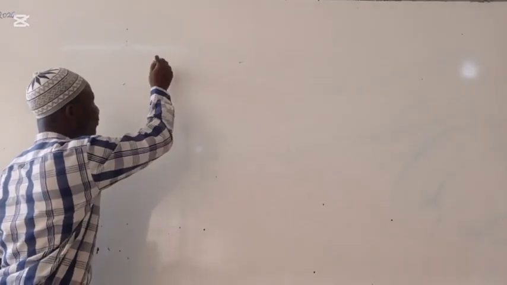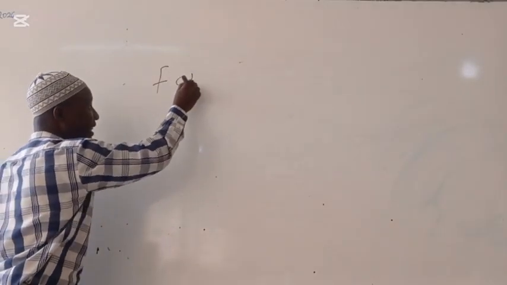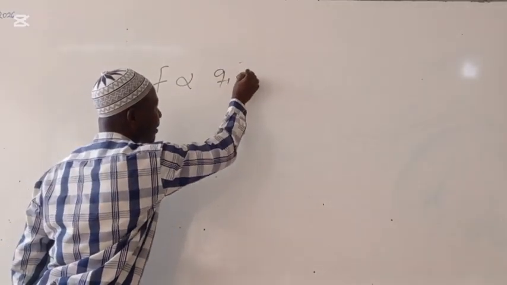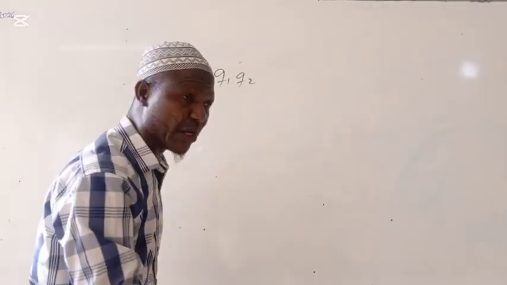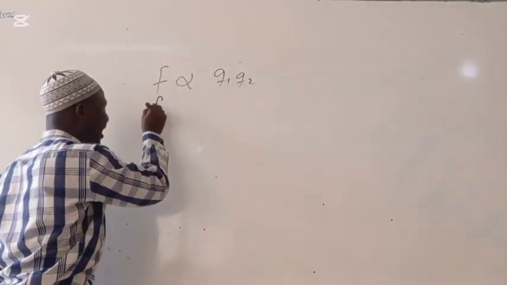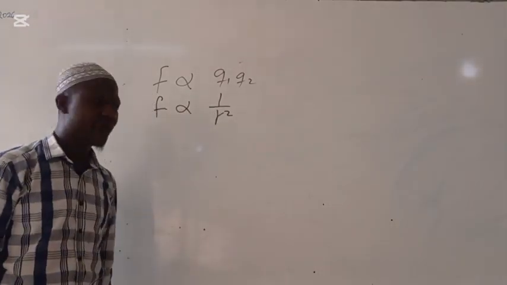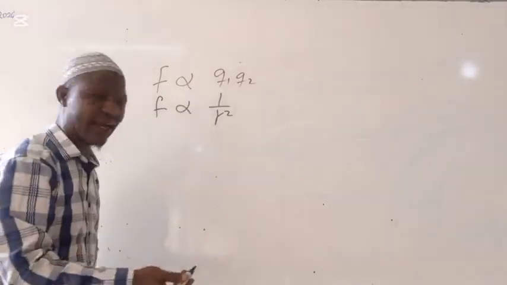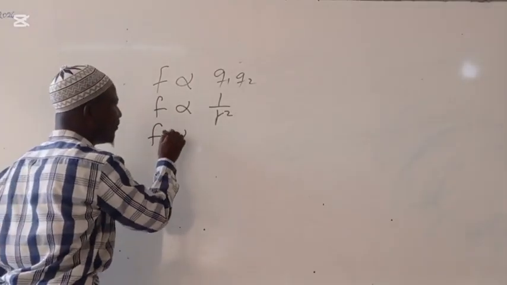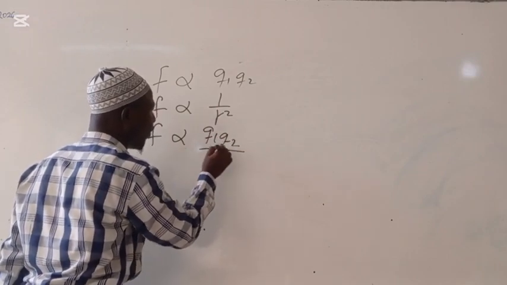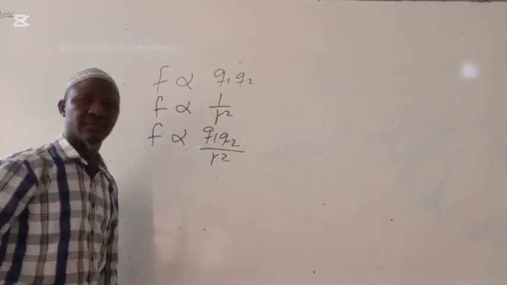Therefore, we have force varies directly with what? The product of the charges, Q1, Q2. The second part of the statement of the law, that is F varies inversely as what? R squared. Then you combine this and this together. It will give you F varies directly as what? Q1, Q2 over what? R squared.